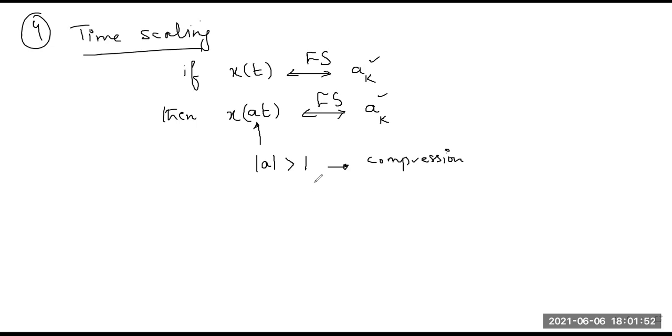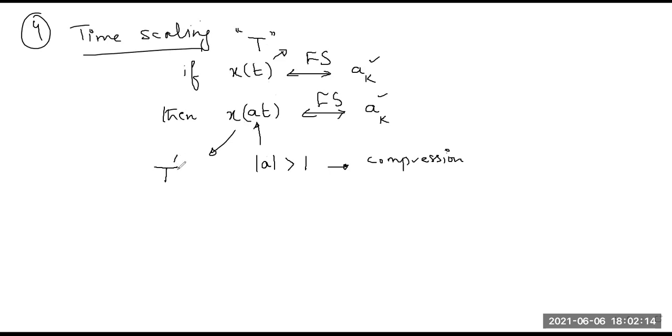And what will happen? If the original signal is periodic with period capital T, then of course, when you compress the signal, its time period will change. So this signal's period will be different.